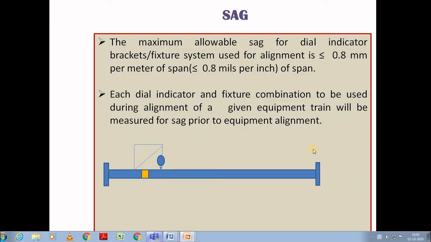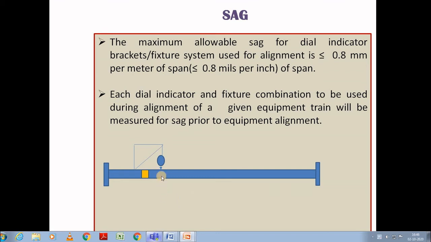In the previous slide, I told you about sag, and you have to consider sag in the alignment reading. What is sag and how to measure it? Sag is bound to be there in a bracket. We have to mount the bracket along with the dial gauge on a horizontal pipeline, lathe, or shaft, and then rotate the shaft 180 degrees.